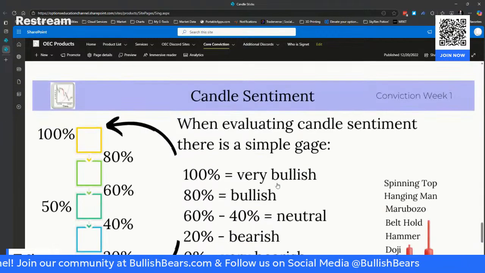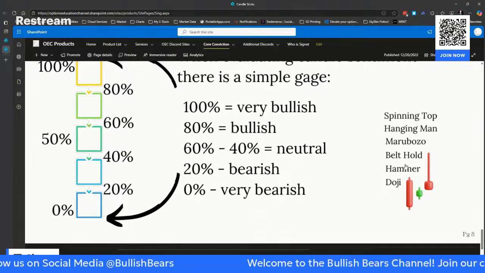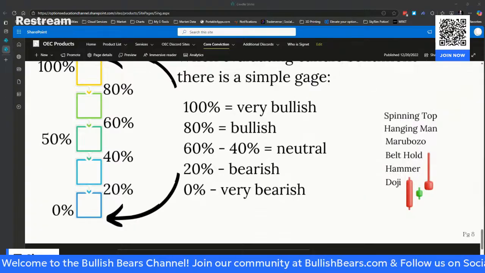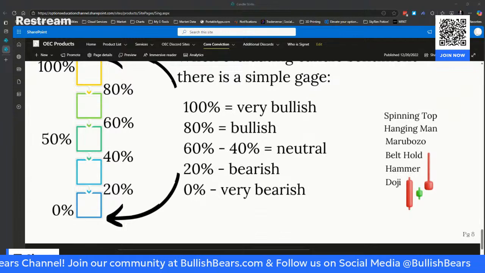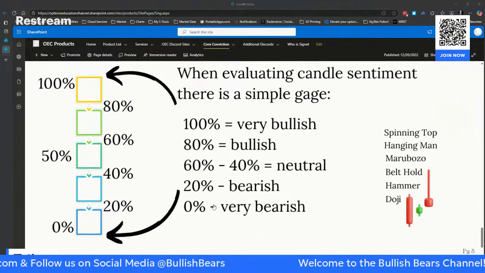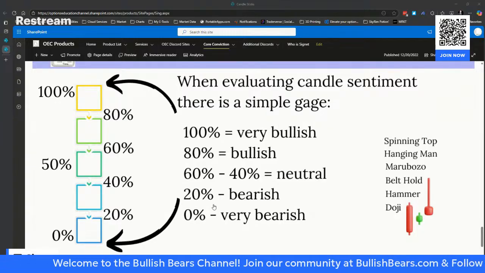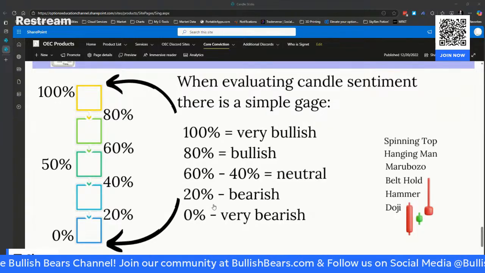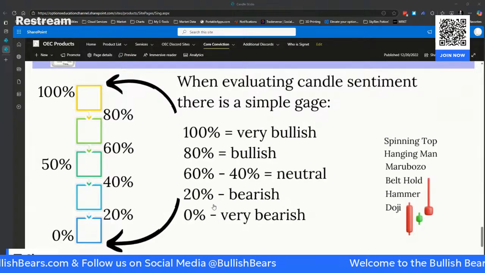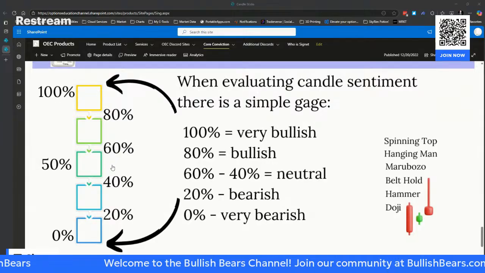So there's these patterns that I really like, and I listed them here on the side of this image. And candle sentiment is a really simple concept, but I'll tell you, I see people overlook it all the time because they're not thinking about it that way. So, where price closes inside of this 100% helps us with that sentiment.